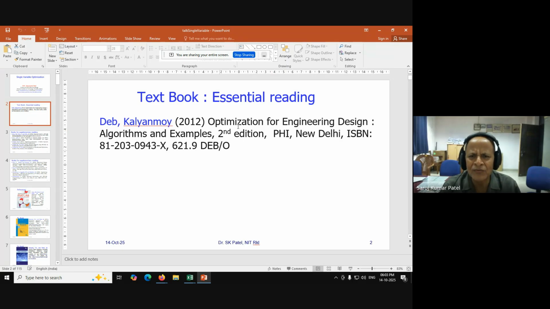You should read this book. And Professor Kalyanmoy Deb, as you know, is a very renowned professor in the area of genetic algorithms and optimization techniques. Earlier, he was a professor at IIT Kanpur, and now he has switched over to a university in the United States of America.